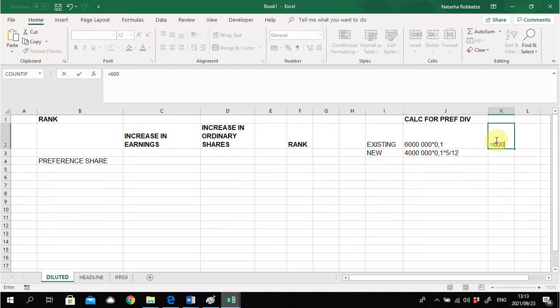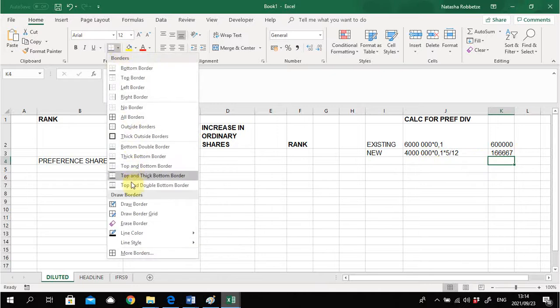In doing these calculations, we are able to get to the total preference dividend. You just count my zeros. There is a tendency of mine to not type enough zeros. All right, and then I'm just going to get to the total.